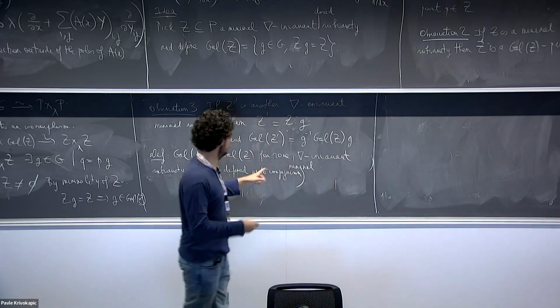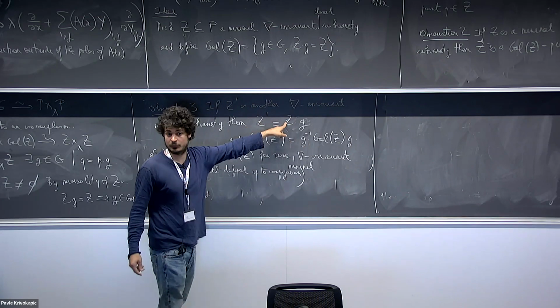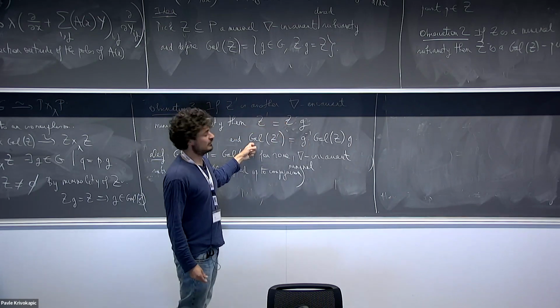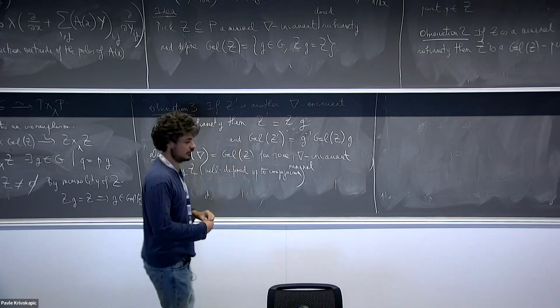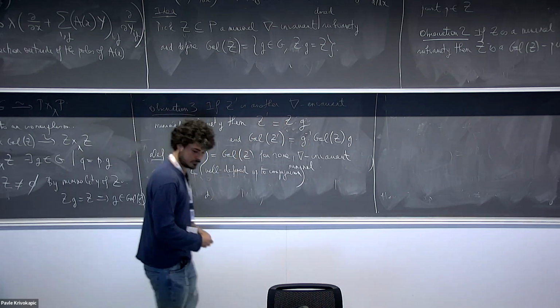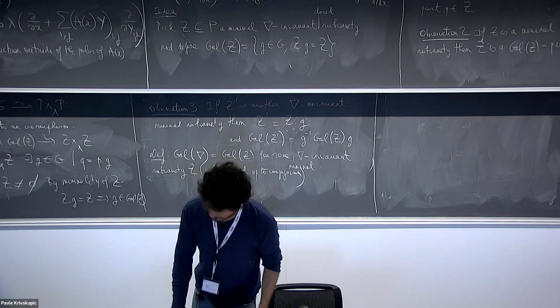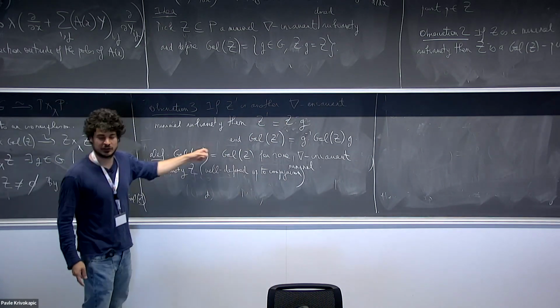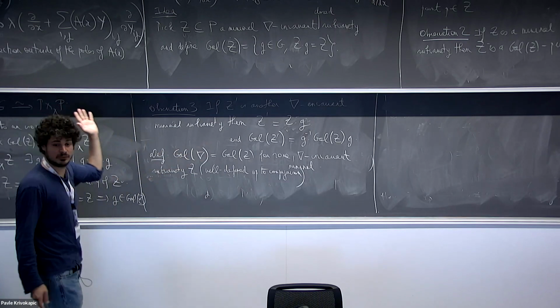And so you get exactly that Z prime is equal to ZG. And so in the linear example, the Galois group of the connection is the Galois group that we defined before.